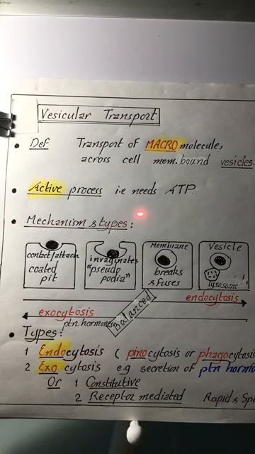Now we come to the third point. Sorry, we will discuss 4 points. Mechanism and types. Now the macromolecule will come in contact with a pit, not any part of the cell. The pit represents the mouth of the cell.